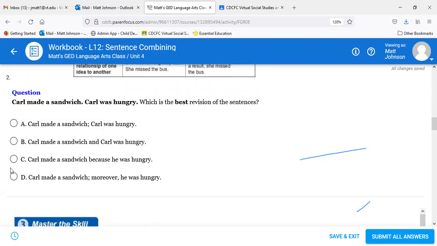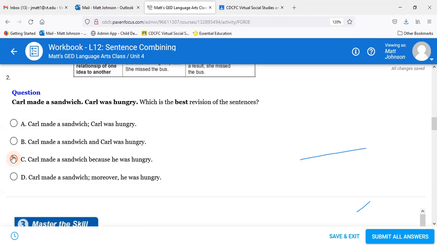C. So this one, you're implying, right, that he made it because he was hungry. So Carl made a sandwich because he was hungry. That's showing relationship. And in this situation, you don't need a semicolon and comma or anything. You just use "because," and you're showing the relationship between him making a sandwich and him being hungry.